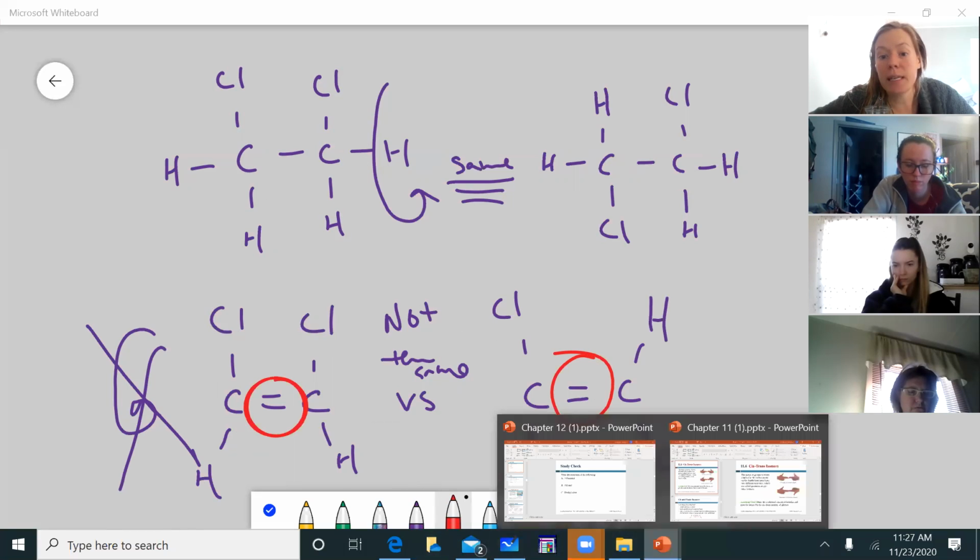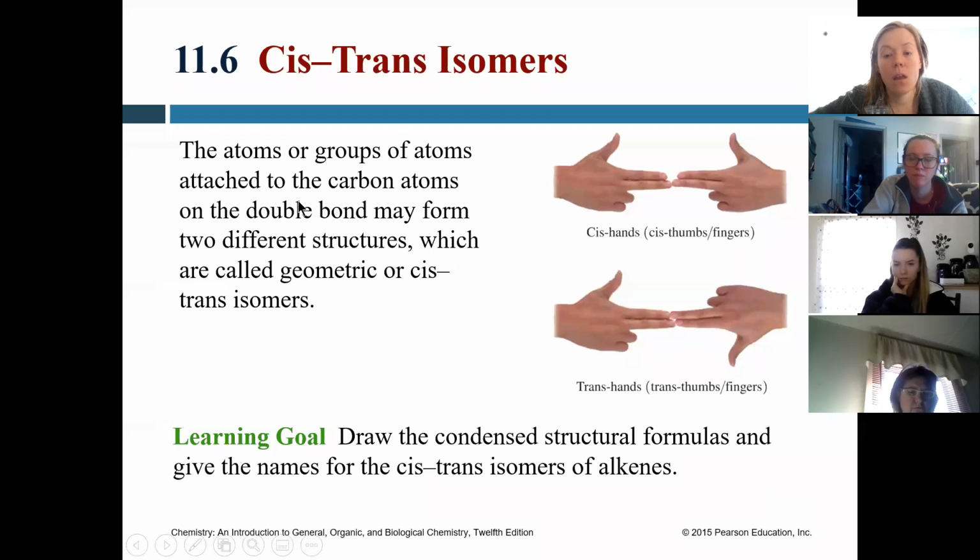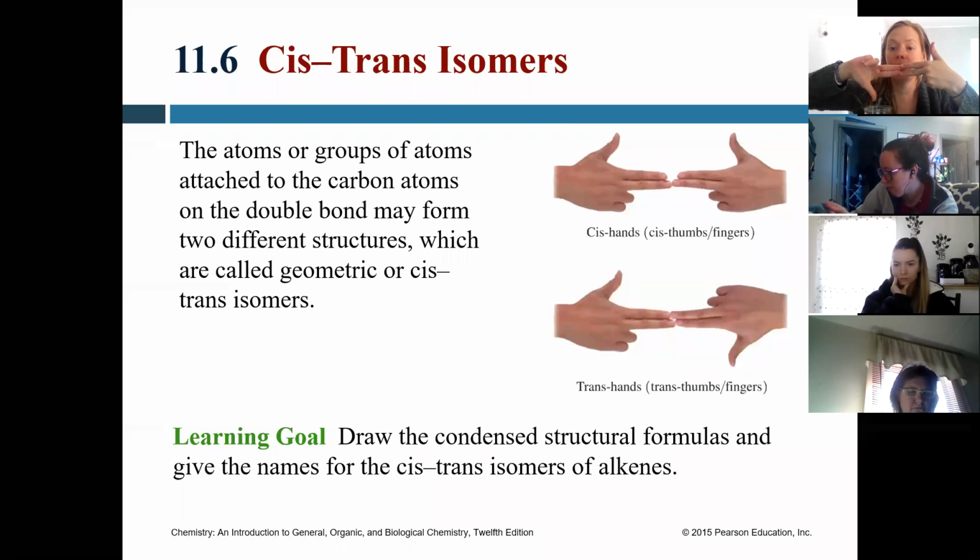So let's look at how you would name these things. This here is known as a cis structure, CIS, on the same side. When you have them on the opposite side, so if we've rotated it 180, that would be known as a trans structure.